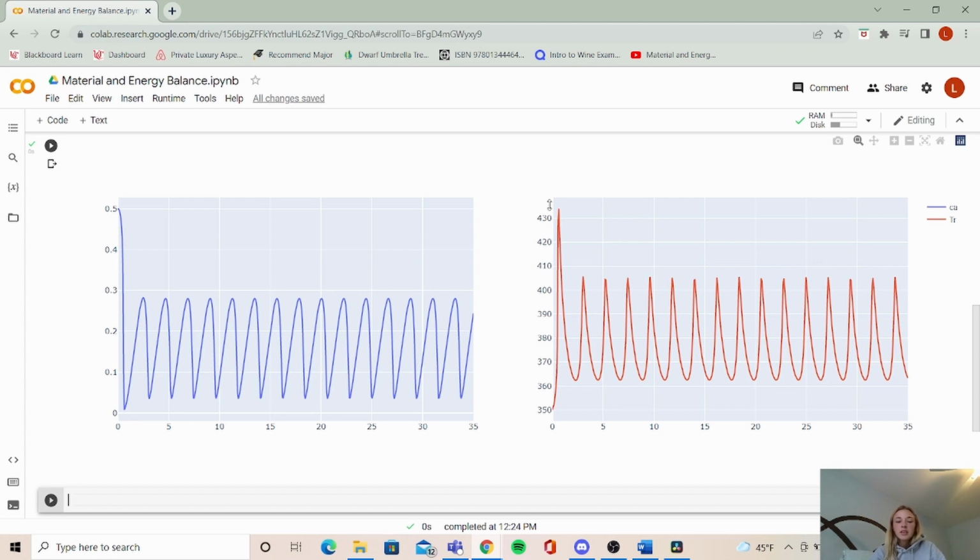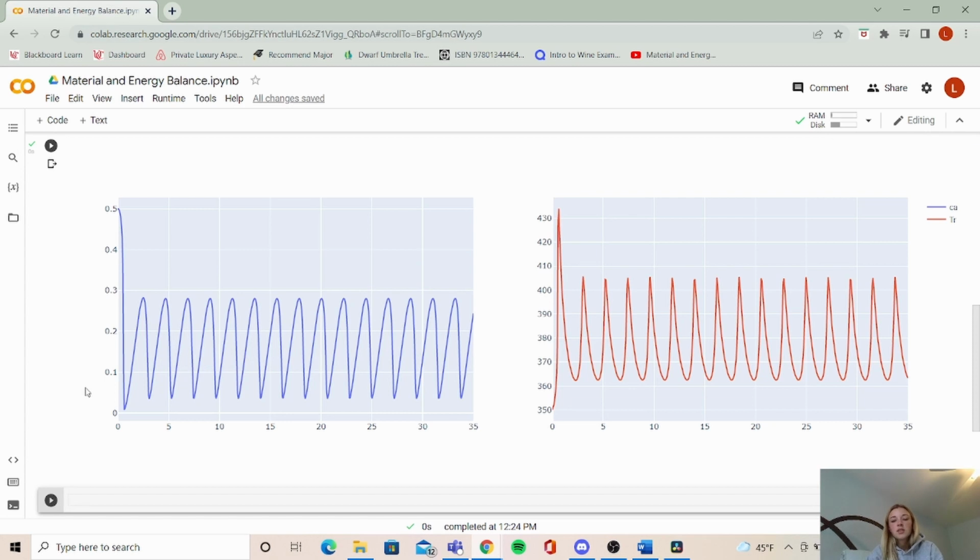So as our reaction rate is going to be increasing as heat increases, we can see that almost all of A is getting reacted over here on our left graph. So all the way down to 0.0117 is how low it gets. So almost all of our concentration of A is going to be reacted. But as this happens, because there's not much A left to be reacted, our temperature is going to begin to cool down again, and then it's just going to create this back and forth reaction process.